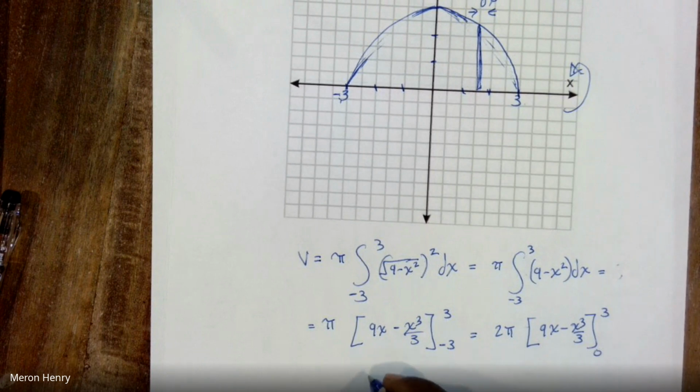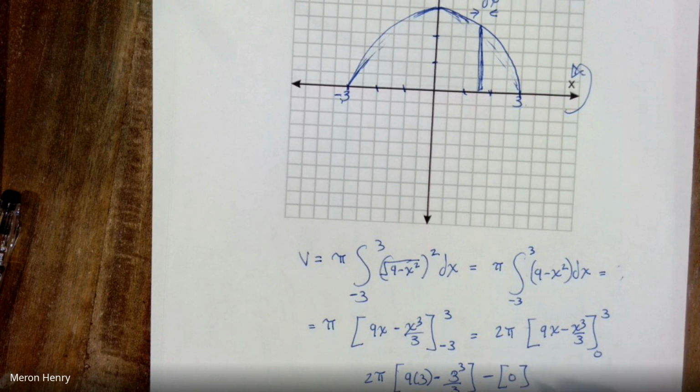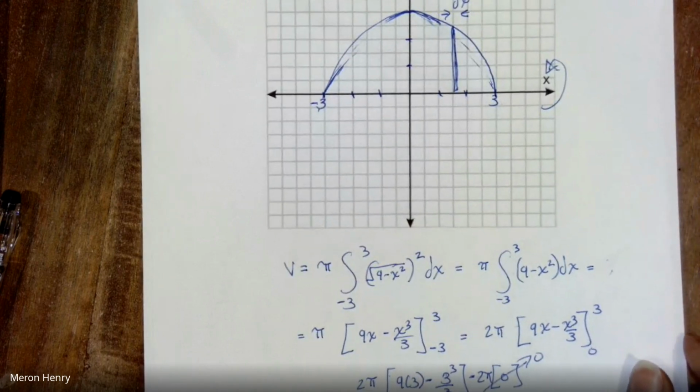So you will have 2 pi times 9 times 3 minus 3 cubed over 3, minus 0, right? Let's be consistent. So this is 0, okay?